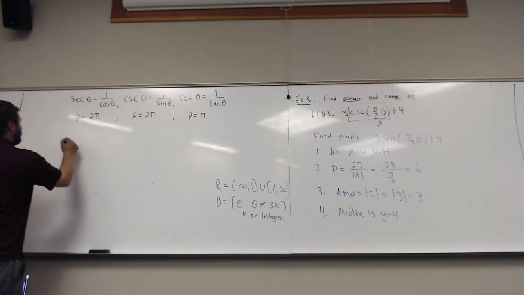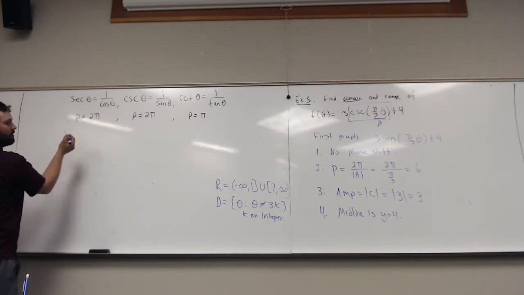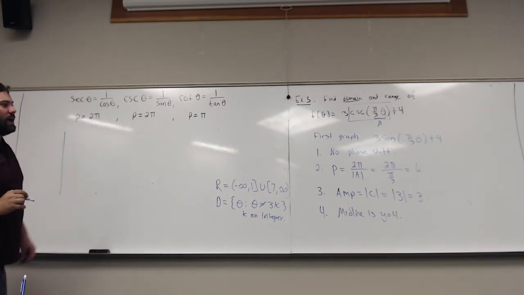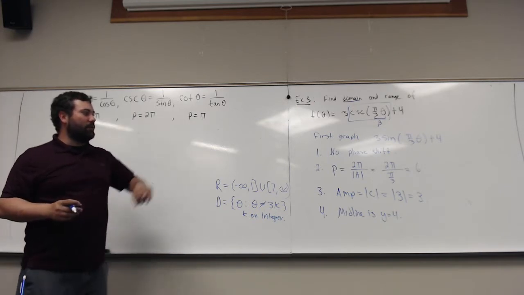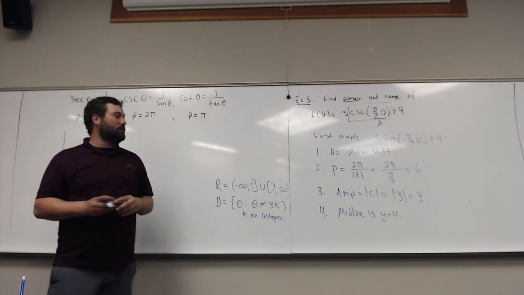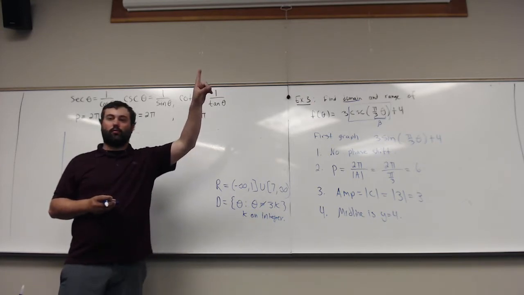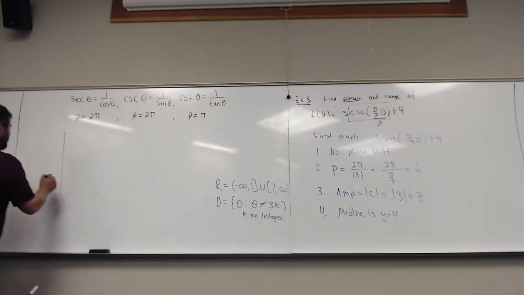Okay, so let's draw one cycle of this, or I guess I could draw 2 cycles, but, well, yeah, we'll do 2. Now your middle value is 4, which from that you go up 3 and down 3. Okay, so your maximum value is 7 and your minimum value is 1. So I'll do this.